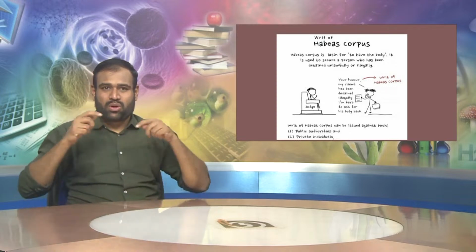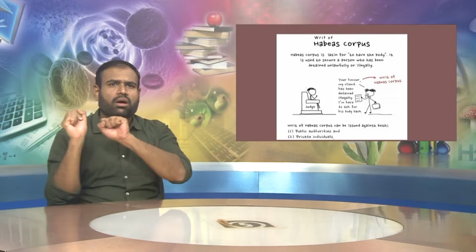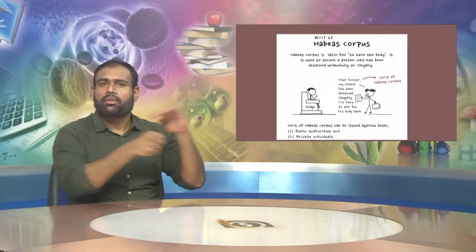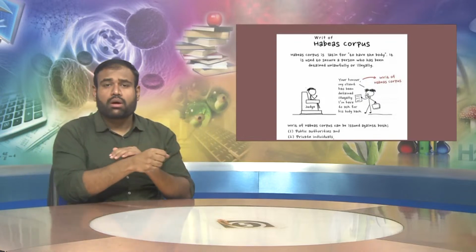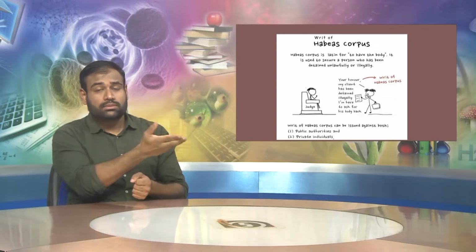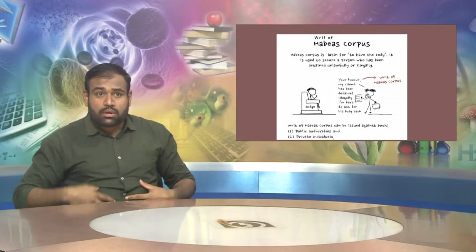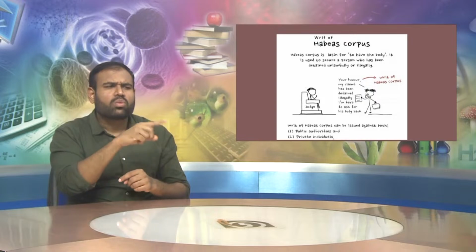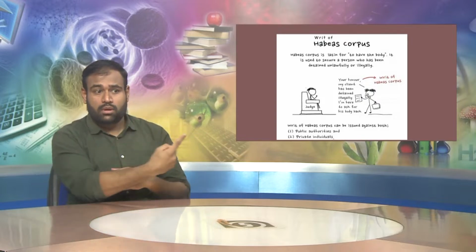For example, habeas corpus. Habeas corpus is Latin for 'to have the body'. It is used to secure the release of a person who has been detained unlawfully or illegally. Writs of habeas corpus can be issued against both public authorities and private individuals.